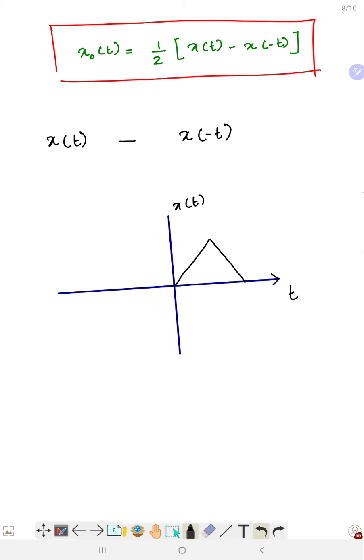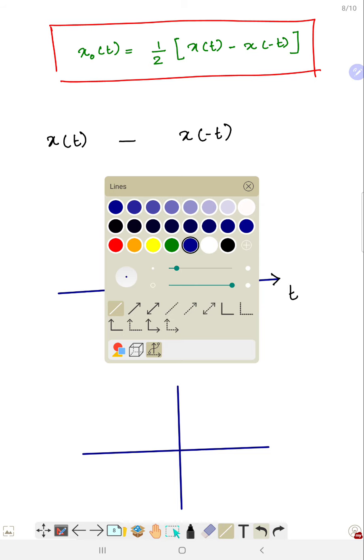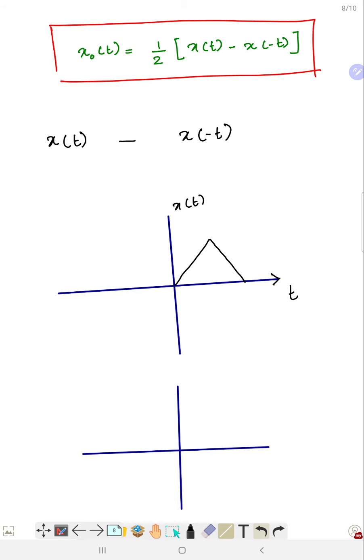Now if I perform some operation on it, which replaces t by minus t, what I'm trying to say here is I am changing the direction of my time axis. Substituting mathematically t by minus t, graphically it actually means you're doing something like this. So this will be my x of minus t.